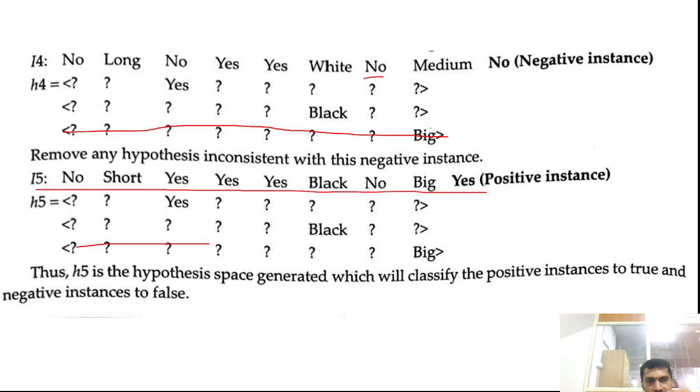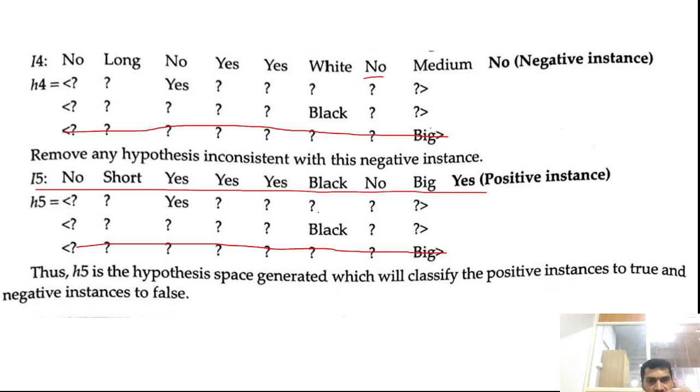This is not there. Sorry, this is not there. So I am comparing this with these positive instances. So that is question mark, yes, no. Yes, it will be acceptable, meaning it takes any values. Short, it will consider yes, yes, matching. And question mark also takes any value, and yes, yes, it is matching.